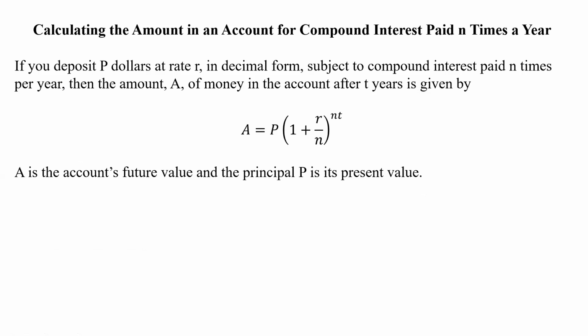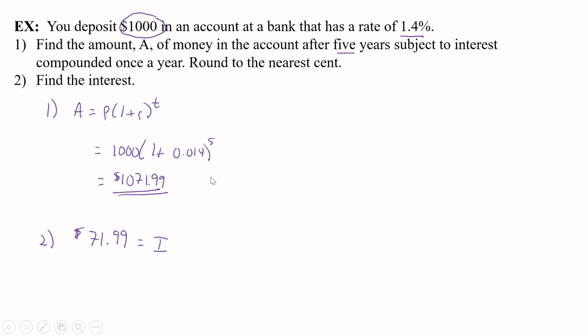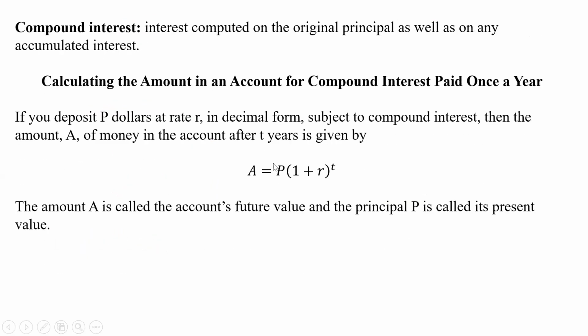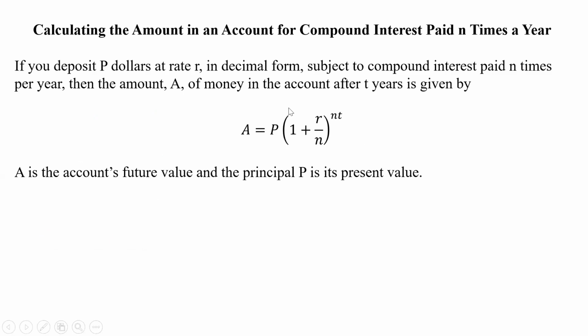So calculating the amount in the account compounded n times per year is going to give us a slightly different formula that we have to learn. Now, do we have to learn this formula as well as the first formula? No, we can forget the first formula and only use this one, because when it's compounded once per year, n is 1, and we get back our original equation. So we only have to really remember this one equation.